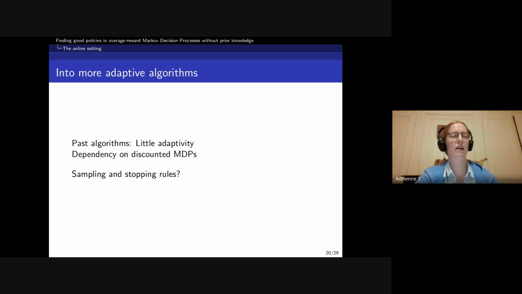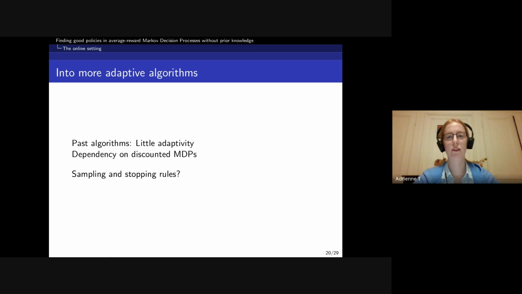If you know H, or an upper bound of H in any case, then it is known that taking for discount 1 minus epsilon over 12H, or epsilon over H with some constant, if you take any discount above that, and you find epsilon optimal policies in that discounted setting, they are still going to be epsilon optimal in your average reward setting. And so then you can use the optimal algorithms in discounted MDPs.